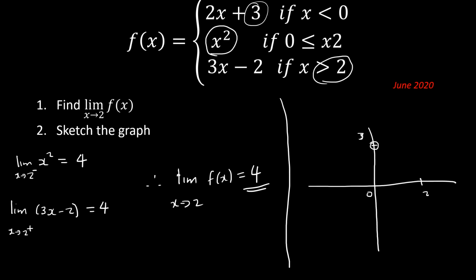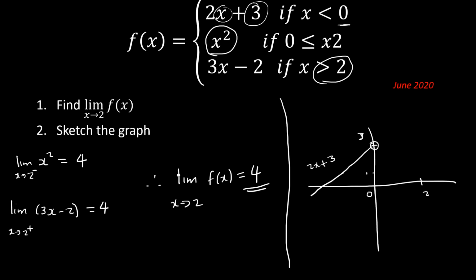Just substitute any value for x which is less than 0. If I substitute minus 1 into 2x plus 3, it's positive 1, so y is 1, so they will meet somewhere here. I just need the direction of the graph, so the graph will go somewhere there for 2x plus 3.